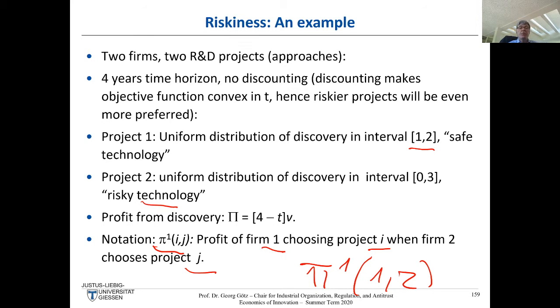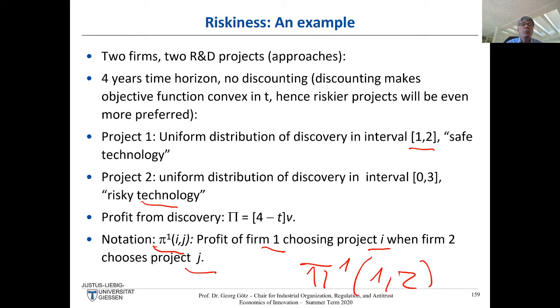If we had a monopolist who can decide about the two projects, and the monopolist is risk neutral, he or she would be indifferent between the two projects, given the costs of the two projects are the same. If one of the projects is slightly more expensive, the monopolist would choose the other project.